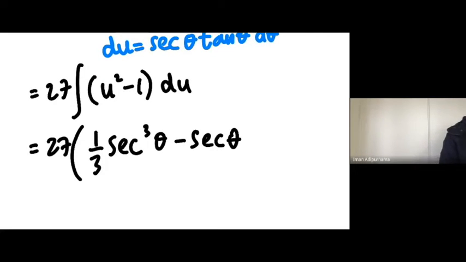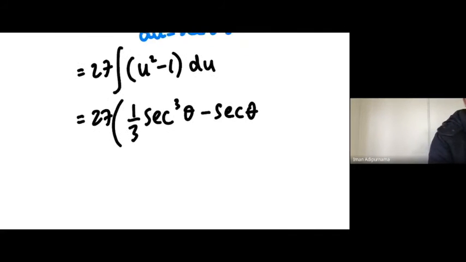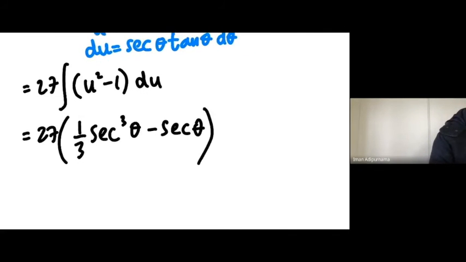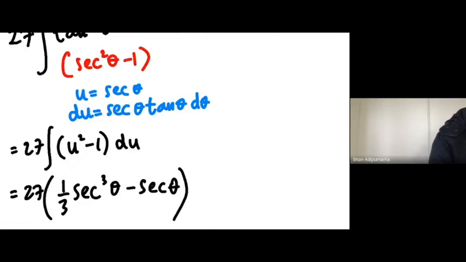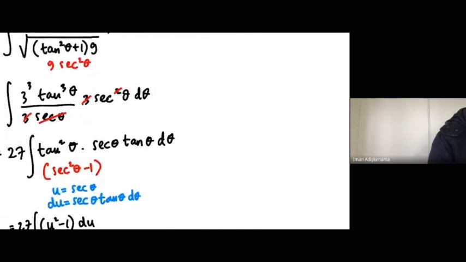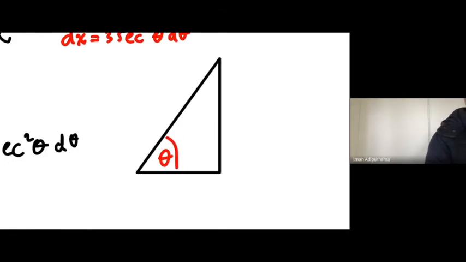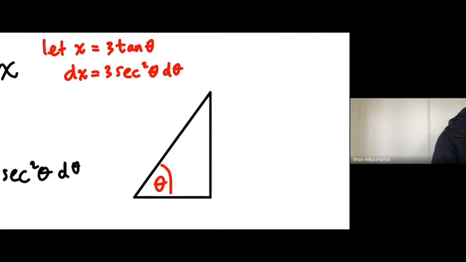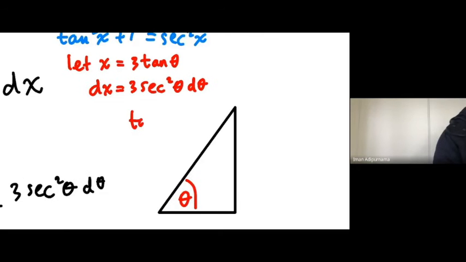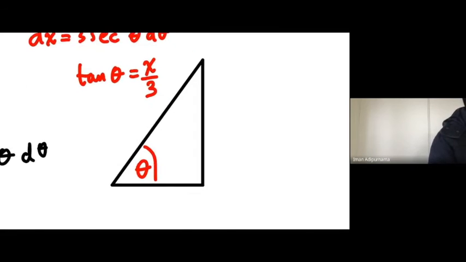And as you know, we need to revert to the x. Let me go back to here. So tangent theta is x over 3. Okay. So x and 3.